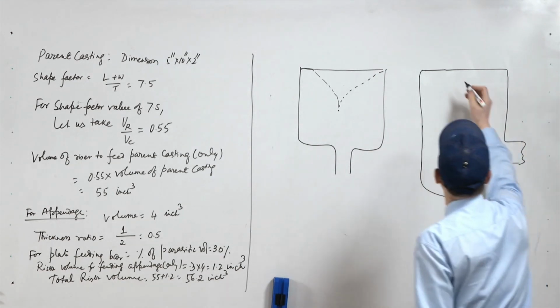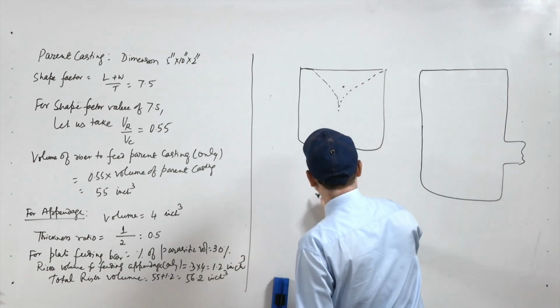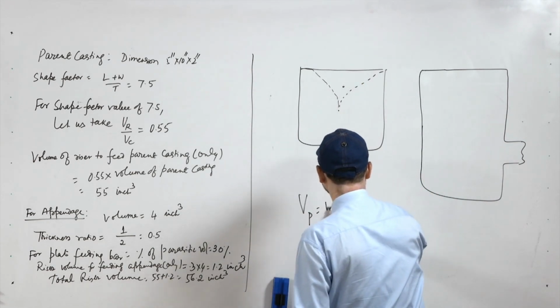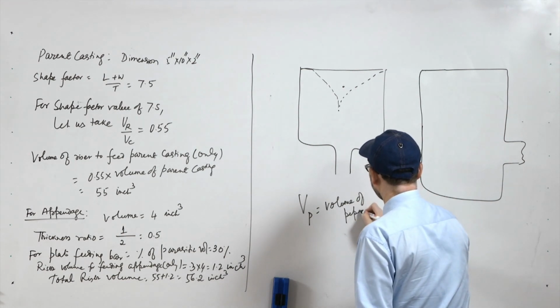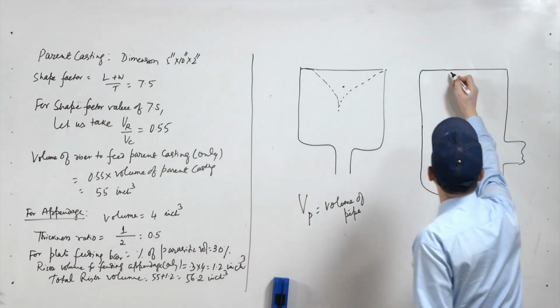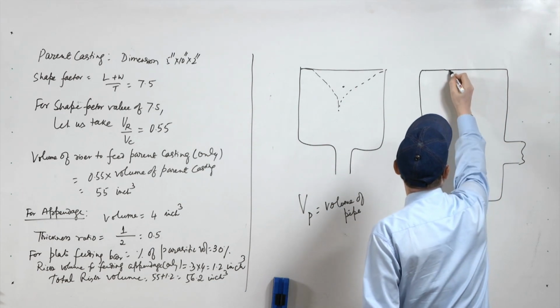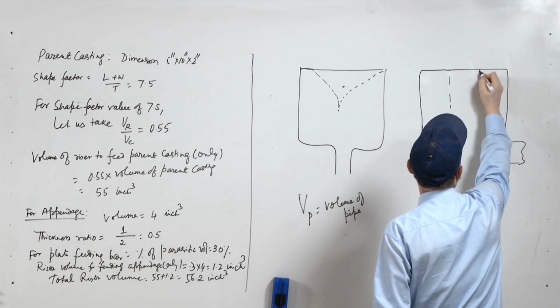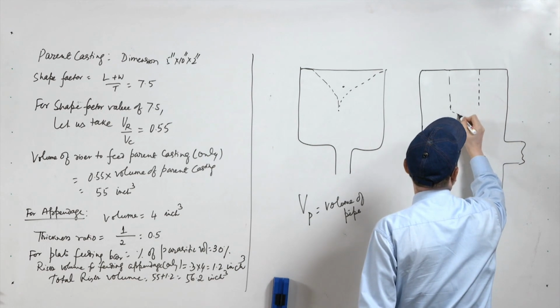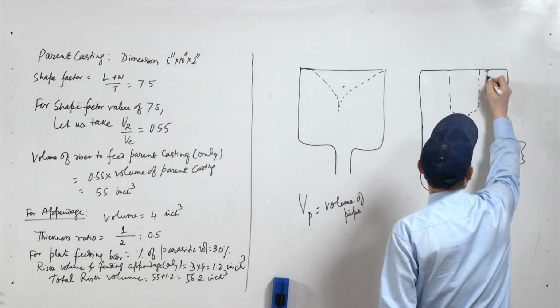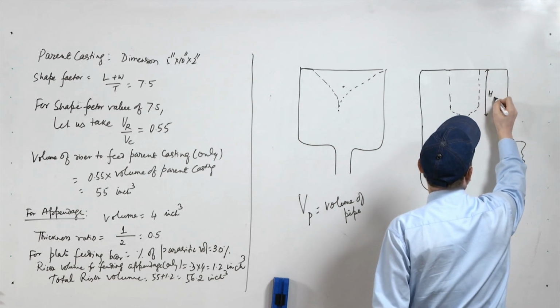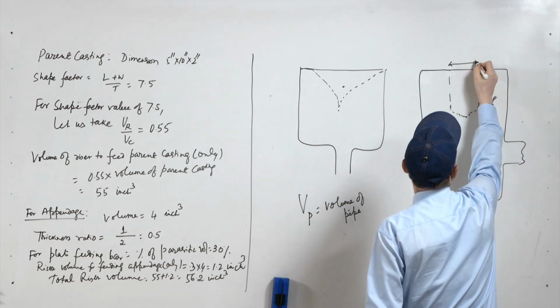Once you get this volume of the pipe, there will be pipe formation. This will be the height of the pipe and this will be the diameter of the pipe.